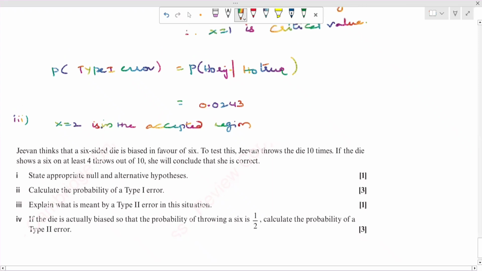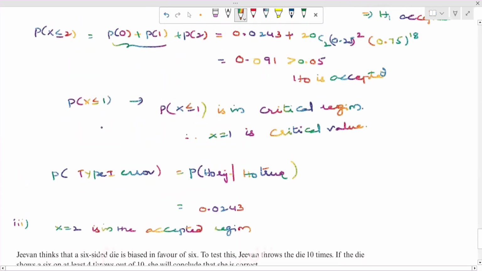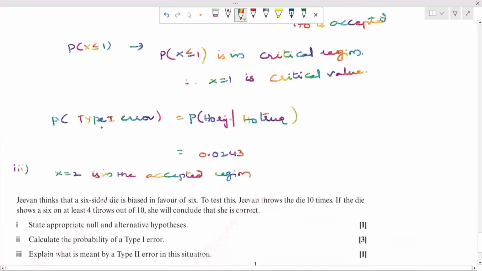Okay, we got that one only. X is equal to 2, we got that in the acceptance region.